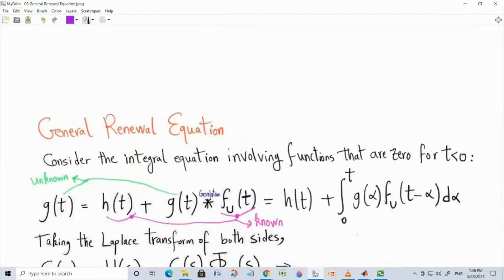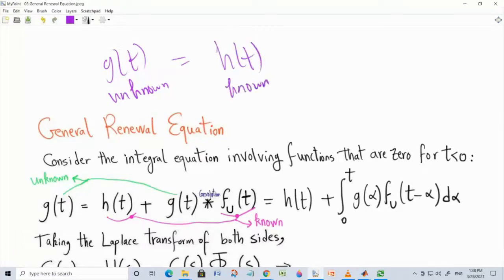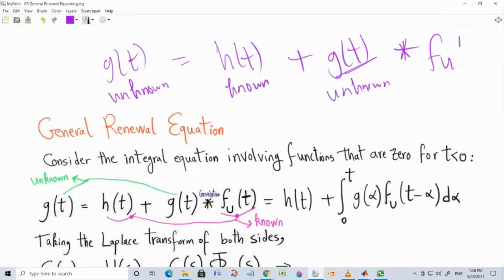The idea is that you have this integral equation: g of t, which is unknown, is equal to h of t, which is a known function of t, plus g of t, again unknown, convolved with the PDF of the inter-arrival times, or the PDF of a non-negative random variable, which is known.